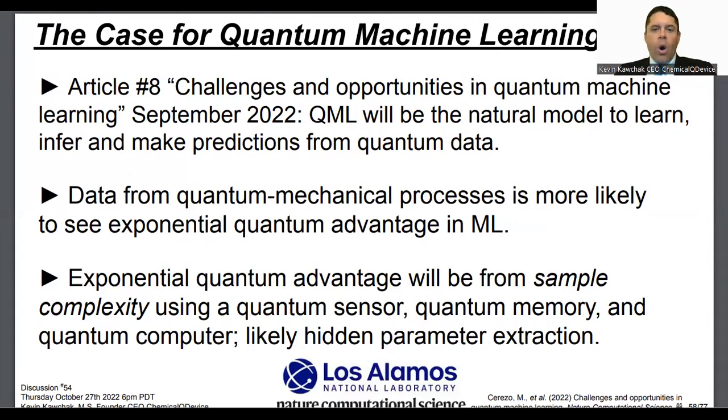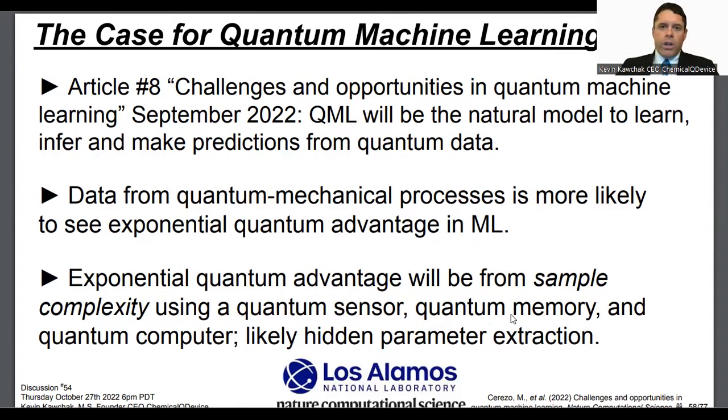Exponential advantage in quantum comes from having these quantum mechanical processes. This one's specific because I've covered quantum image processing before, which is a different area, but that seems more time complexity. This is saying your best chance of getting exponential quantum advantage will be from sample complexity, such as brains, using quantum sensor, memory, and all parts quantum computer. And then they say likely hidden parameter extraction.